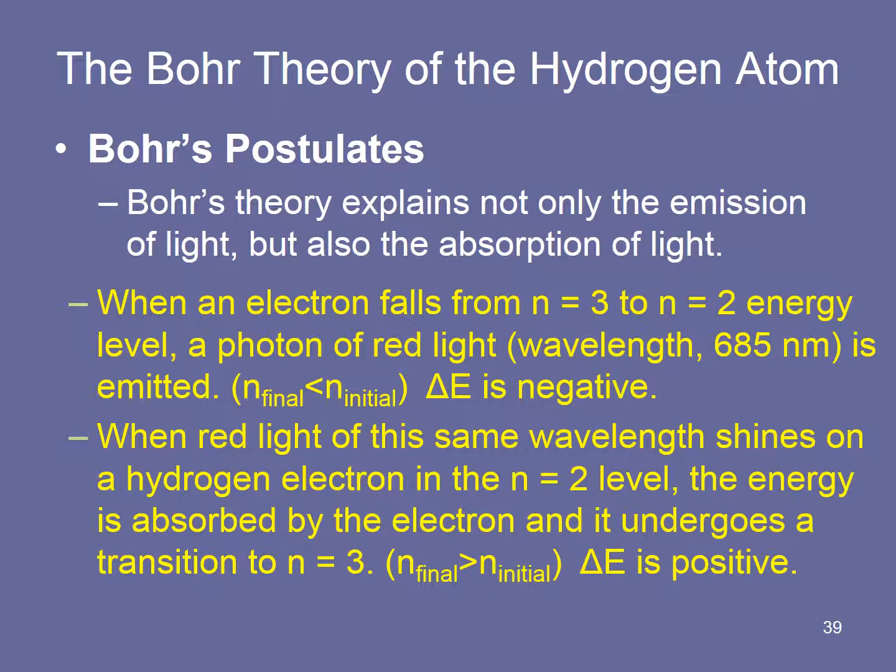However, if we shine light of 685 nanometers, it could be absorbed, and the electron could go from the 2nd level up to the 3rd level. Delta E is positive, but note that it's the same exact amount. So the distance between those levels is the same whether you're going up or coming down.